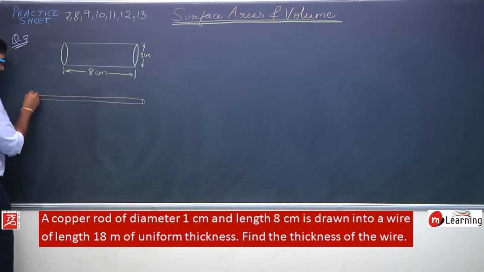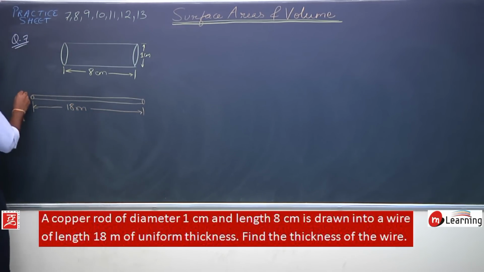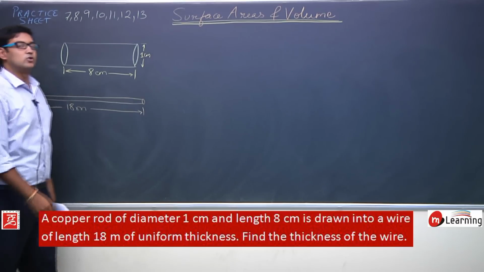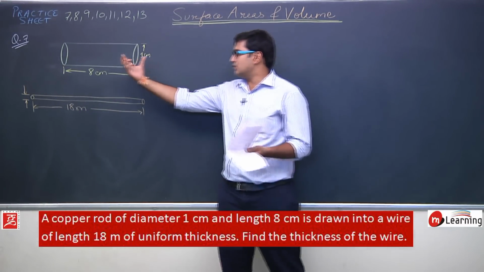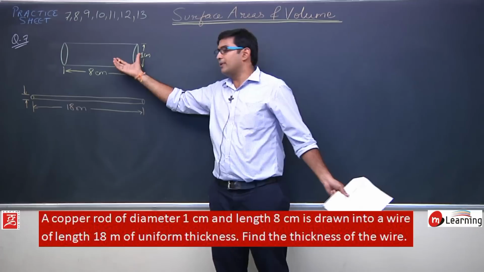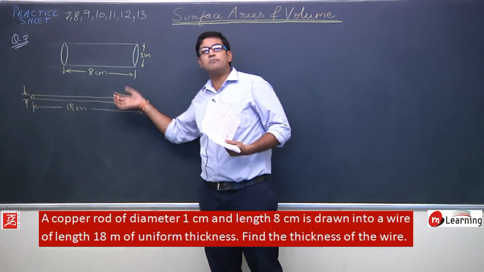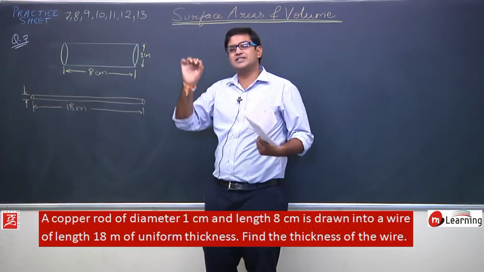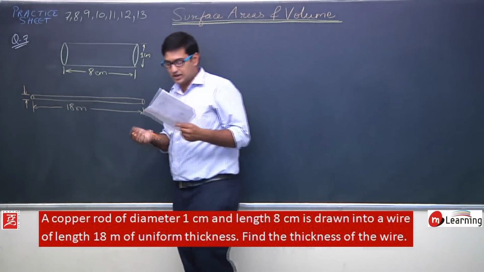Let us say this is a wire. The length of the wire is 18 meters and the thickness of the wire is what we need to determine. So this 8 centimeter copper rod is converted into an 18 meter wire. Just think about the property of copper, that just 8 centimeters is converted into 18 meters. We have reduced its thickness so much that its length has become 18 meters.